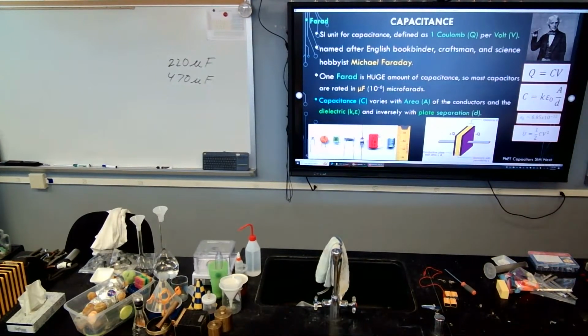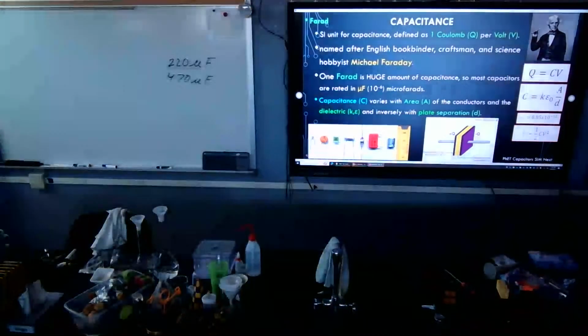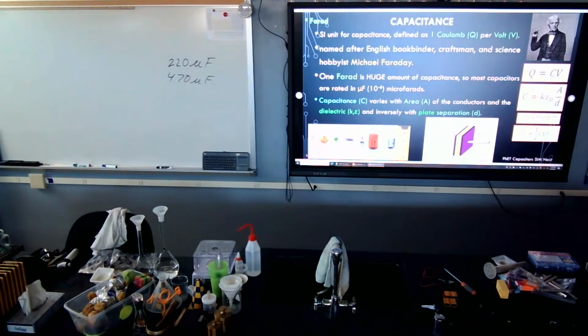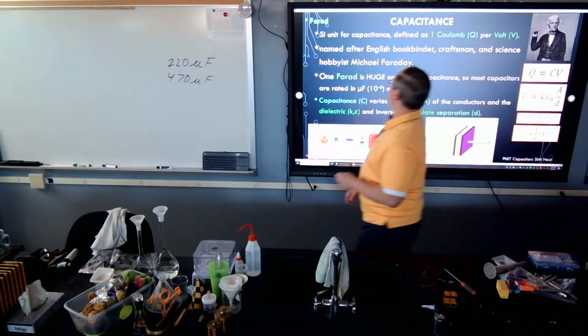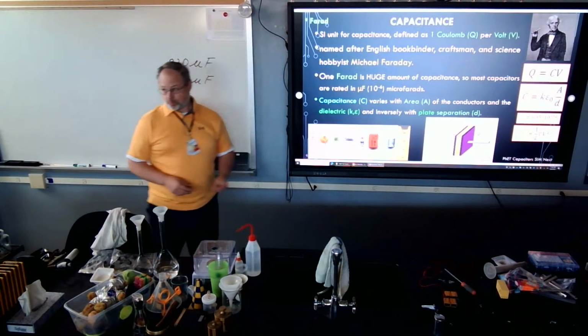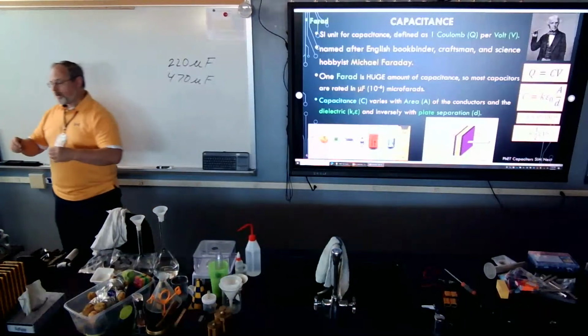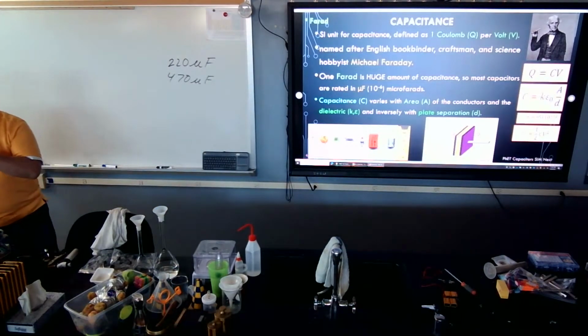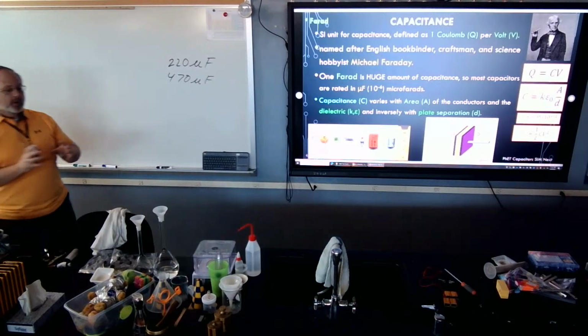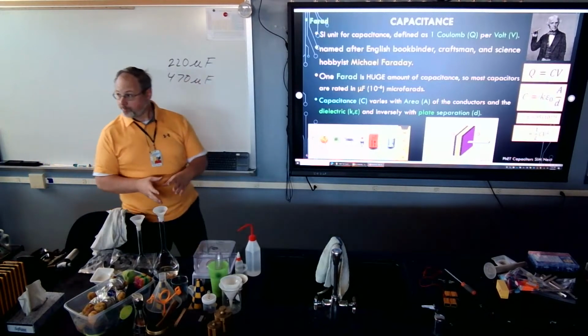So capacitance is given the unit of farad, and the farad is equal to 1 coulomb of charge stored by 1 volt. Remember, a packet of charge is a coulomb.